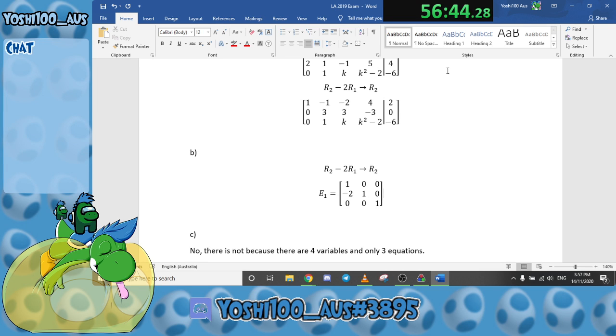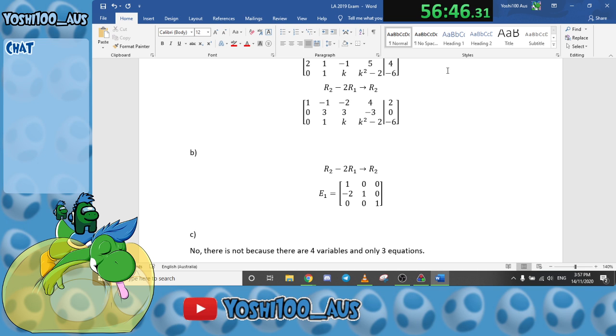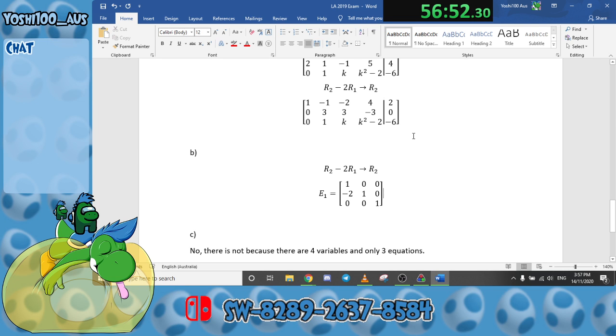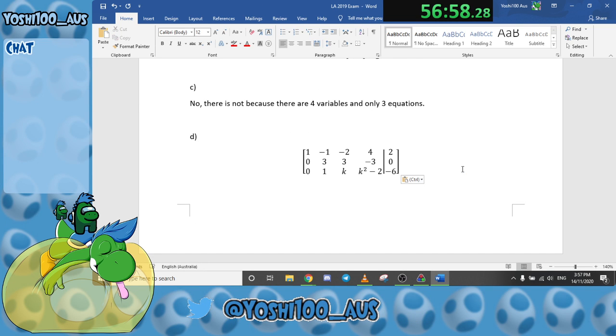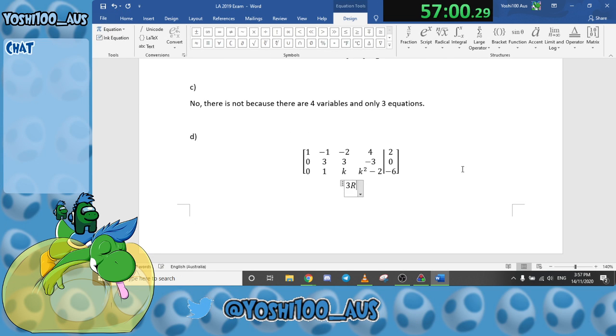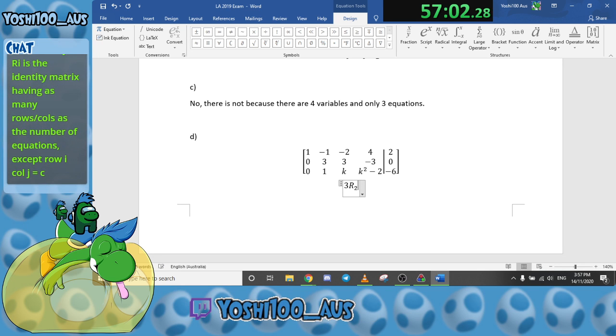So we require R3. 3R3 take R2, yeah? So we have this matrix. Right. And then you do that way. LU matrix corresponding to this.